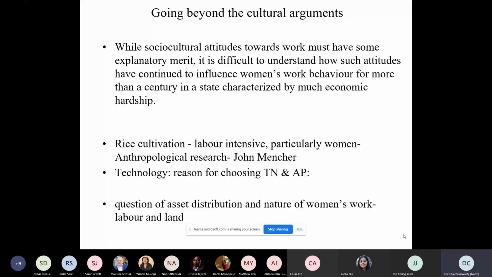But something happened afterwards that changed the whole scenario completely. And what is that? It's basically the advent of the garment industry. So we could see that a major change in the economy could question the cultural ethos very successfully.